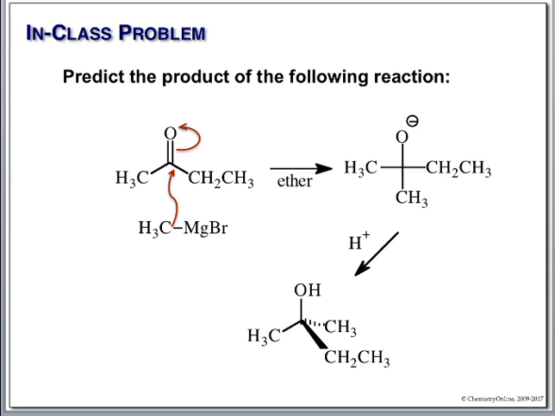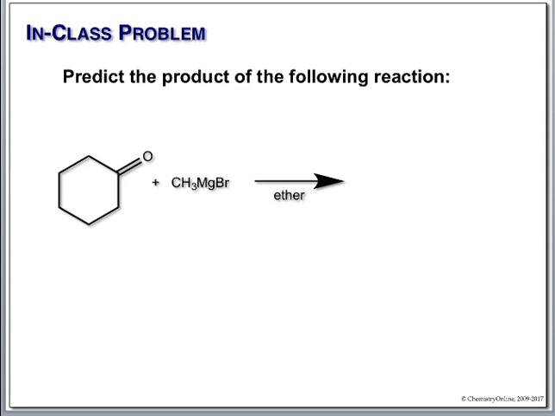All right, I'll hush for a second. And just quickly, give me the products here. We have cyclohexanone and we have methyl Grignard. We're going to do methyl group, simply going to add to the carbonyl carbon.